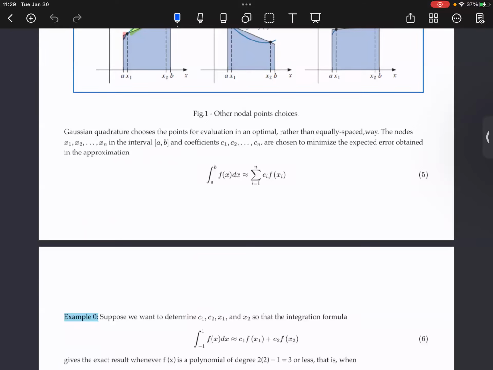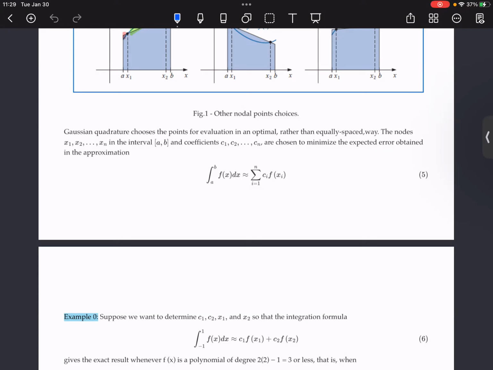We are doing the integration on the interval -1 to 1 for the function f. Because this is the quadrature rule, if we expand it, we just have 2 nodal points and 2 terms here: C1 f(x1) plus C2 f(x2).